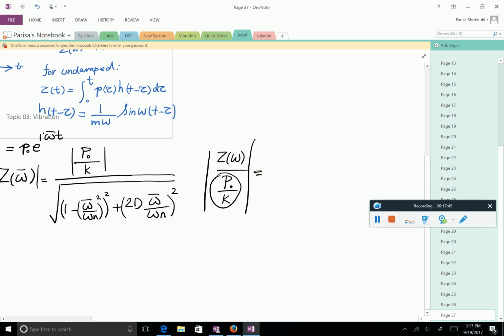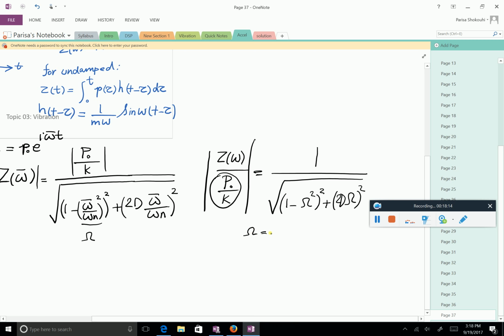And this can be written as a function of, again, damping ratio and this ratio of the excitation frequency over natural frequency, which we call omega, to just make this expression a little bit friendlier so we understand what's going on.